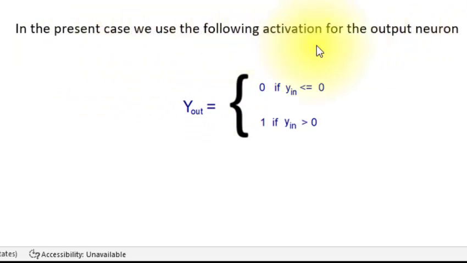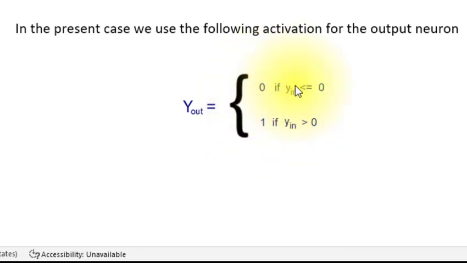In this case we are using a binary activation function. The binary activation function has two possible values, either 0 or 1. These two values are based on some condition.